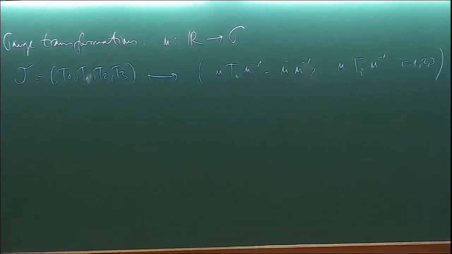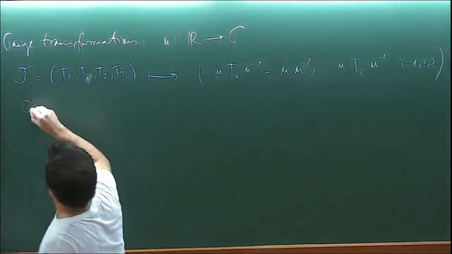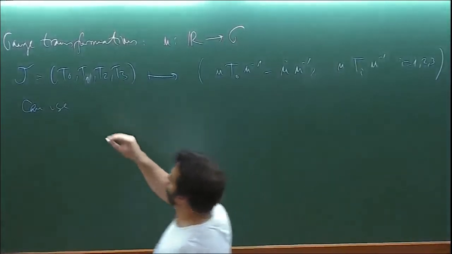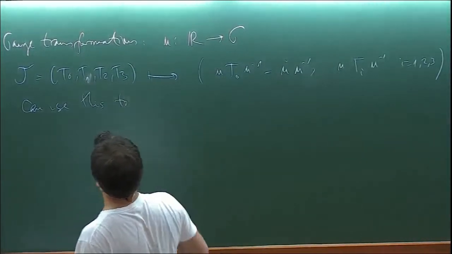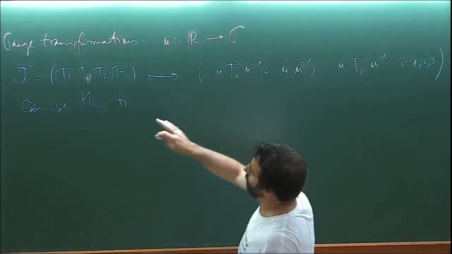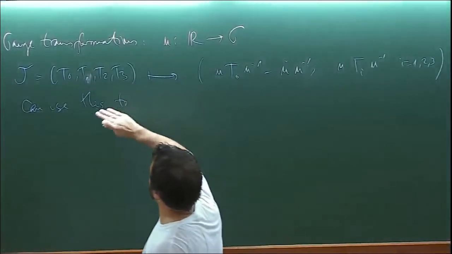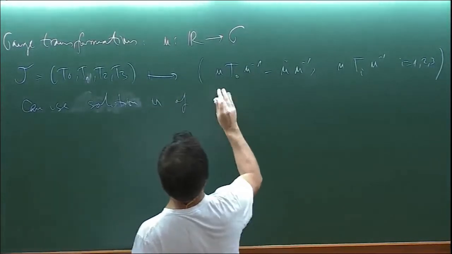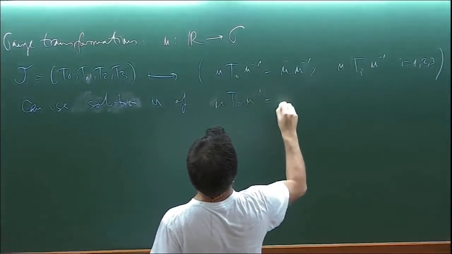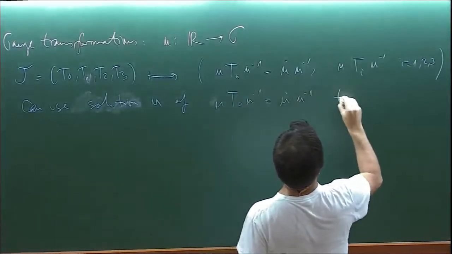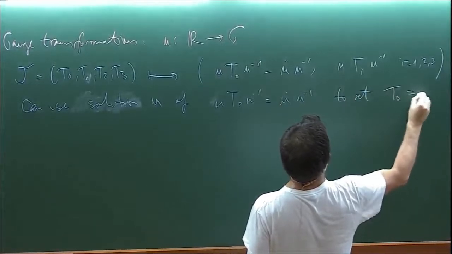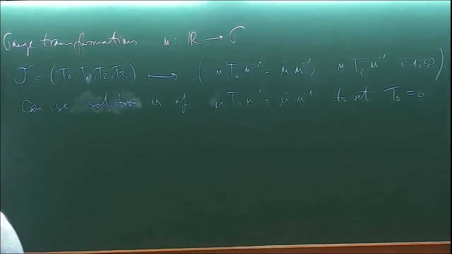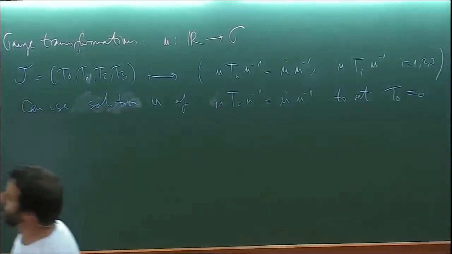This means that we can also use this freedom to set t naught to 0. So we can use a gauge transformation to set t naught to 0, and then you have the reduced form of the equations where you get rid of these brackets here.